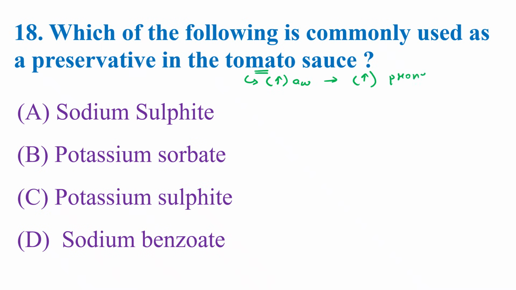Now we have to add preservative to extend its shelf life or inhibit these microorganisms. So basically we add sodium benzoate, since sodium benzoate is a commonly used preservative, a common preservative for acidic foods.